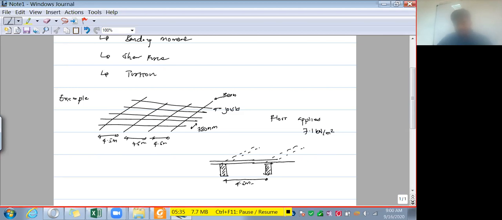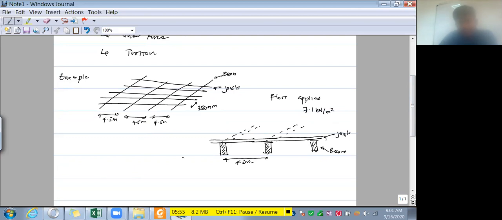So this is beam, this is joist, and on top of that you have a slab.